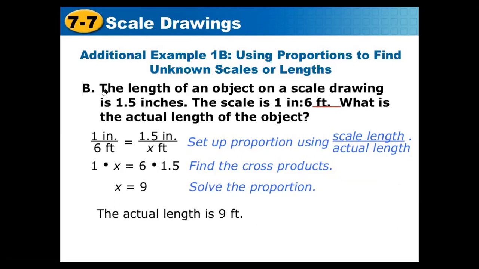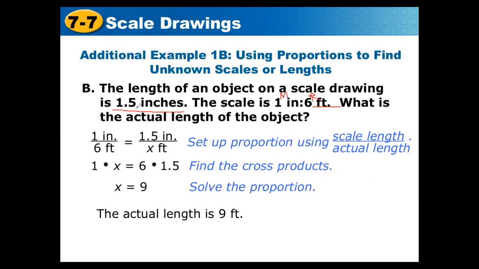Then he said the length of an object on a scale drawing is 1.5 inches. Does 1.5 inches represent map or real? We said that 1 inch is map, and this one is real.